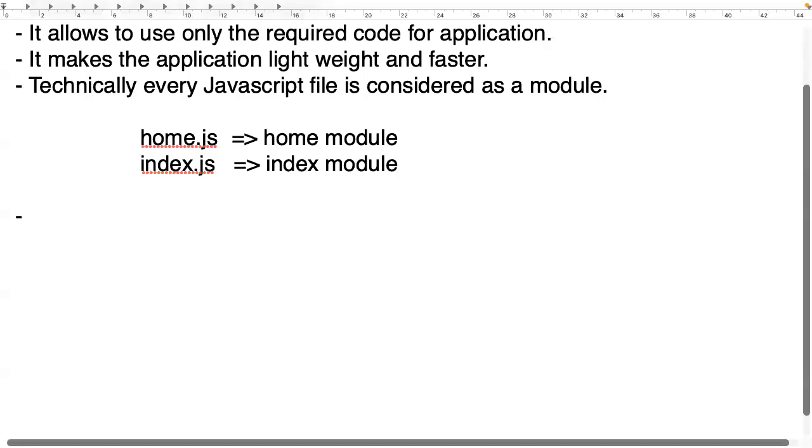A JavaScript file can have variables, functions, and classes. Generally, some other languages can have interfaces and abstract classes, but in JavaScript, we don't have those.